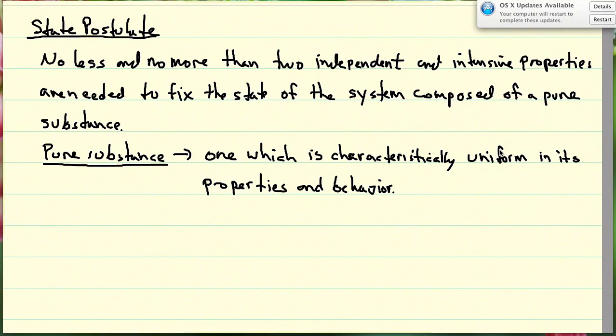For example, a pure substance would be water. If I have a bucket of water, it's water everywhere throughout. Its characteristics are the same everywhere, and its behavior will be the same everywhere. R134A is a pure substance. Air, for our purposes, can be studied as a pure substance.